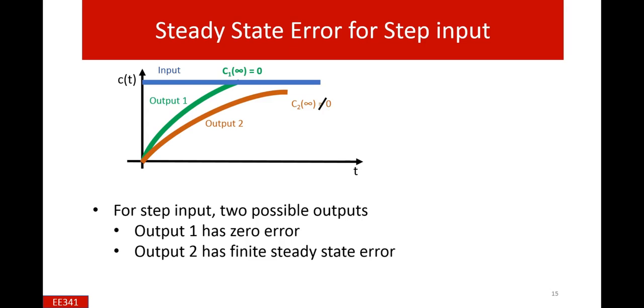If it is a unit step, then the height of this one is equal to 1. For this step input, here we have two types of outputs. The green color represents one type of output, and the other type is represented by the red line. It's the second type of output.